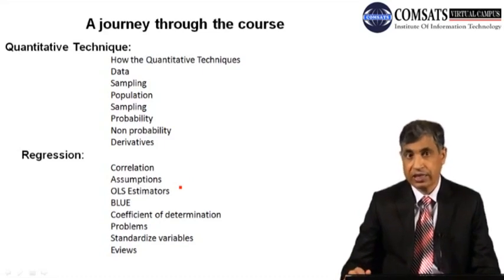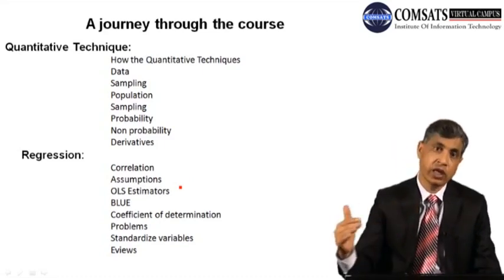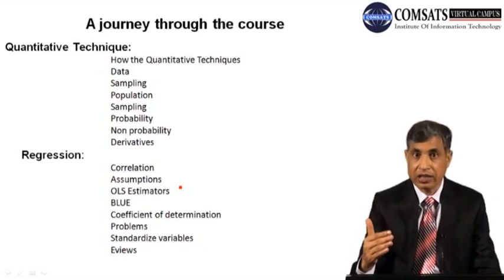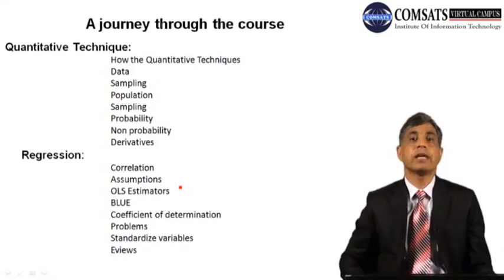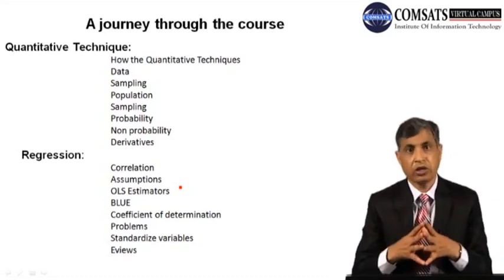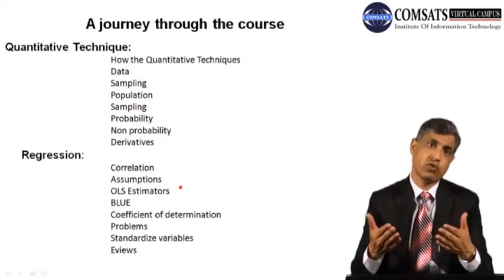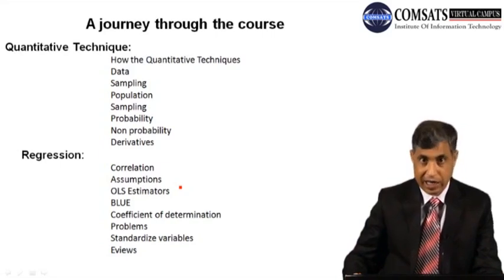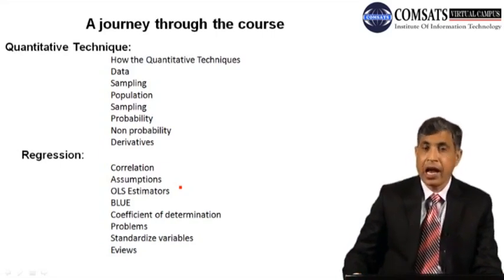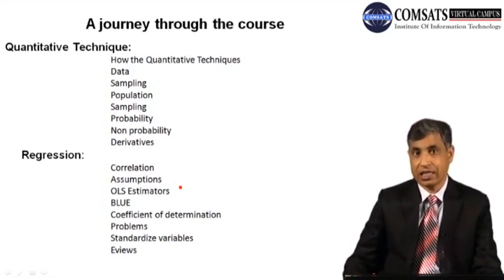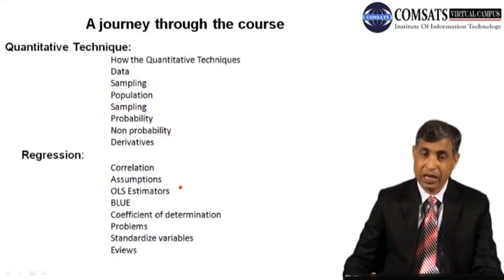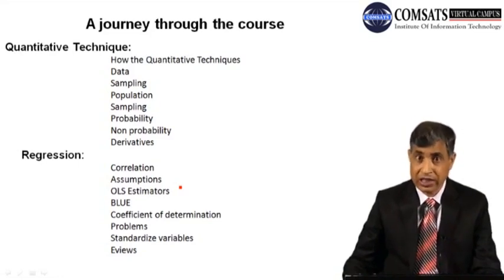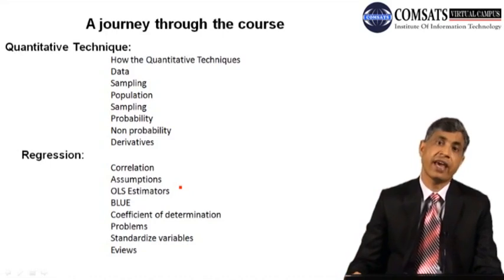The next step, when we have stated the problem, is that we form a mathematical model. A mathematical model is not something special. We bring the notations into mathematical notation, and it becomes a mathematical model. And we can't estimate the mathematical model as it is because in the social sciences there is some chance of error.